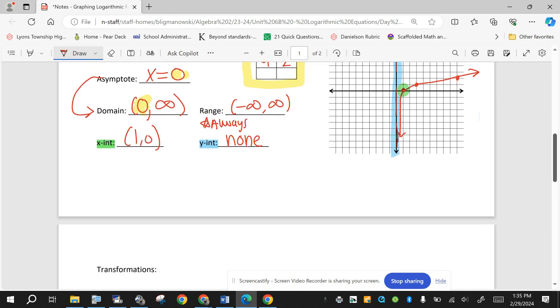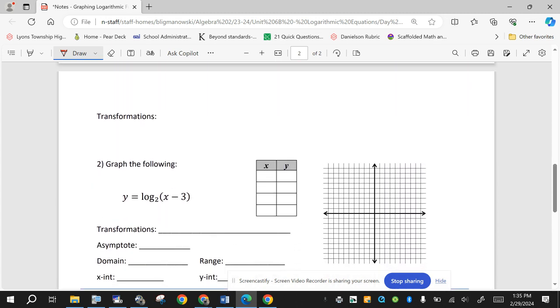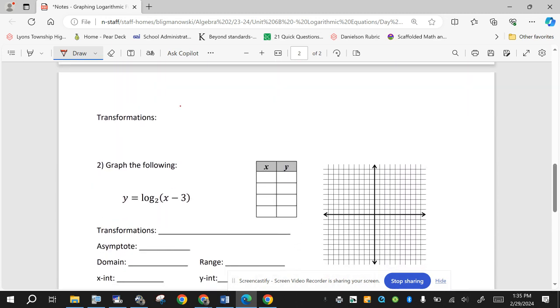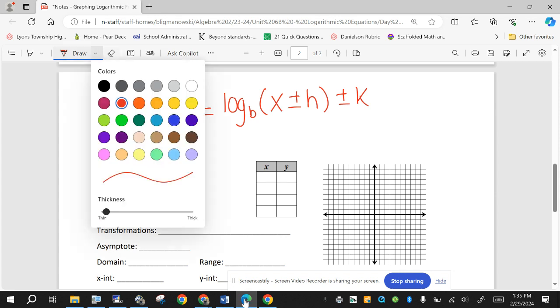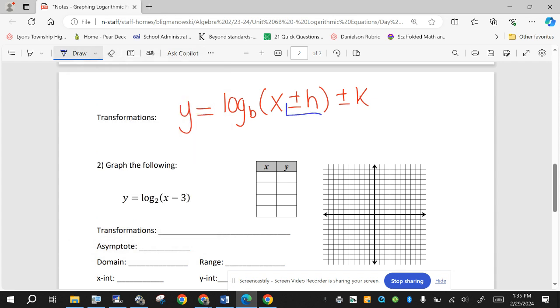Okay, we're going to add in some transformations. So we're going to start off with our equation, log of some base, and we're going to have x plus or minus h and plus or minus k. Just like with exponentials, our number in here tells us whether we're going left if it's plus h or right if it's minus h.